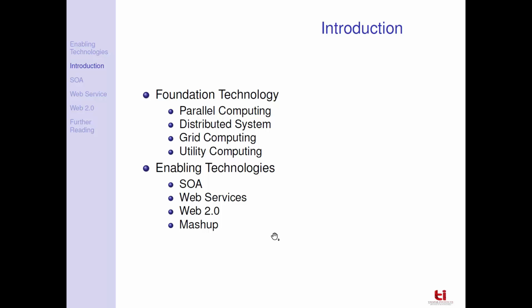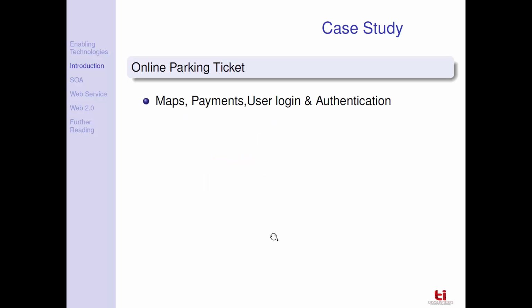Before getting into enabling technologies, let us take a case study and try to understand how an application for online parking ticket can be created. Now, if a user wants to create an application to pay the parking ticket online, then the user would need to create sub components where there will be requirement for street map, there will be a requirement to take care of the payments, there will be requirement for user login and authentication.